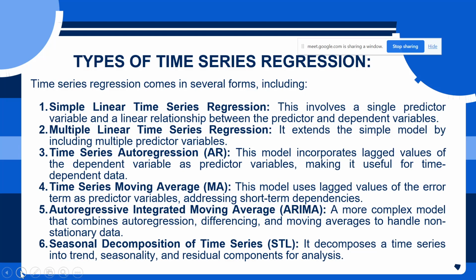This means that the current value of the dependent variable is regressed on its error terms from 1 to 3 or more time periods in the past. The number of lagged error terms included in the model is likewise called the order of the model.